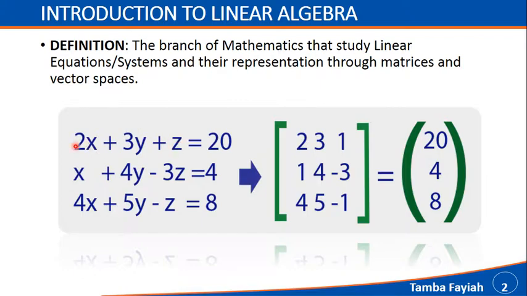So that made them linear equations. To be a system of linear equations, you have to have 2 or more linear equations coming together. So a solution to this system of linear equations should be able to satisfy all the 3 equations simultaneously.